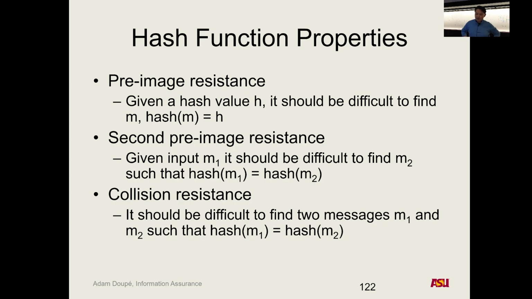Second pre-image resistance. Okay, so we have another input M1, but it should be difficult to find M2 such that it gives the same output value.